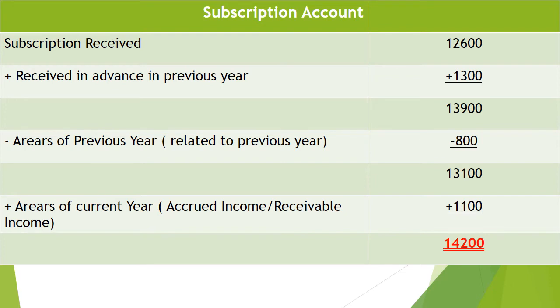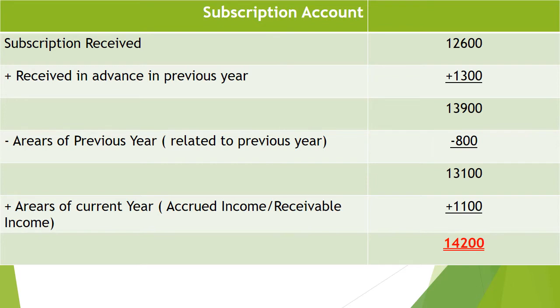This is subscription received from the members for the current year but received in the previous year, so it will be added in the subscription. 12,600 plus 1,300, this will be 13,900, less arrears of previous year related to the previous year.